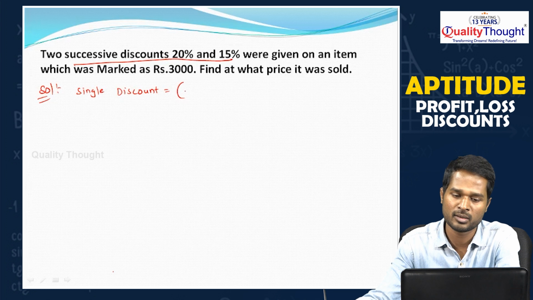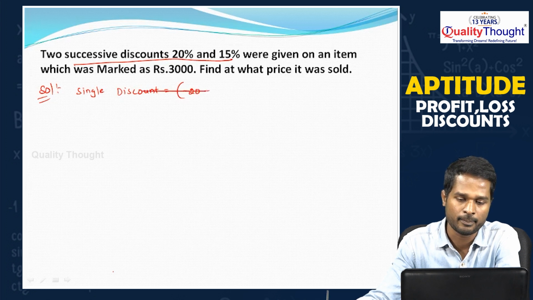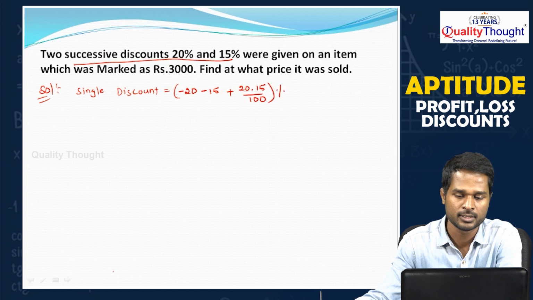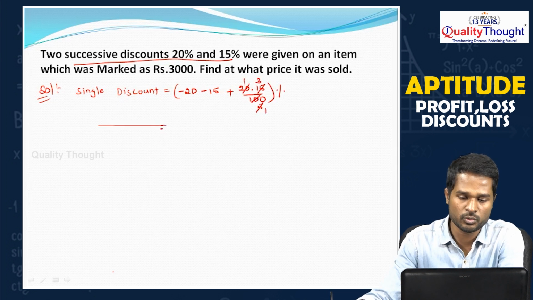Discount, take it in minus: minus 20 minus 15, minus into minus is plus, 20 into 15 by 100. This is the single discount we can calculate. 20 ones are 20, 20 fives are 100, 100 by 100 is 5, 5 threes are 15. So the single discount is minus 20 minus 15, that is minus 35, plus 3%, which is minus 32%.